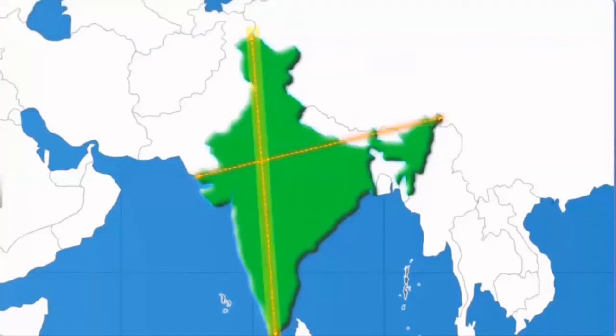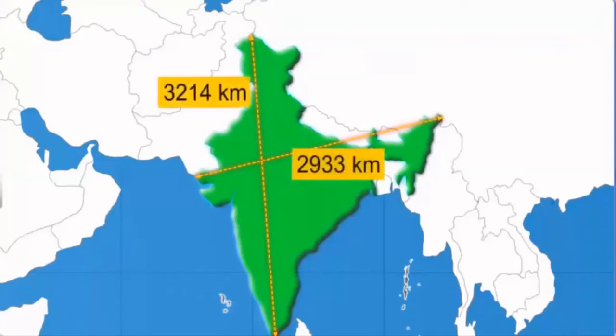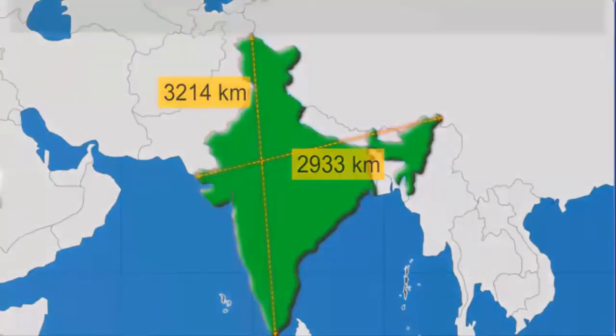The east-west stretch of India looks smaller than the north-south stretch. However, if you actually measure the distance, both measure the same, approximately 3,000 kilometers.